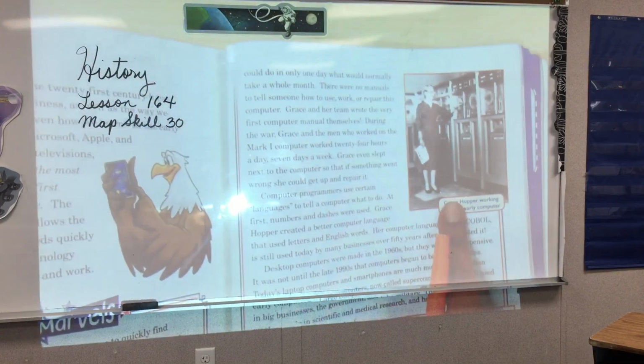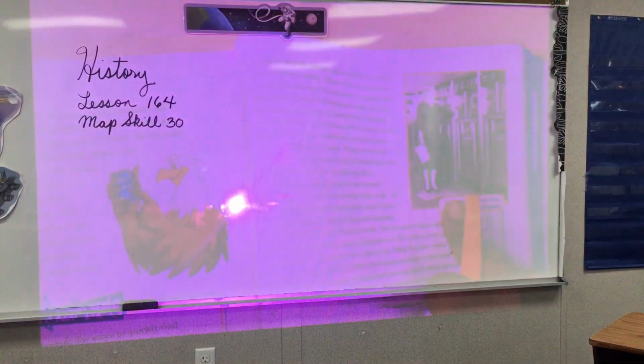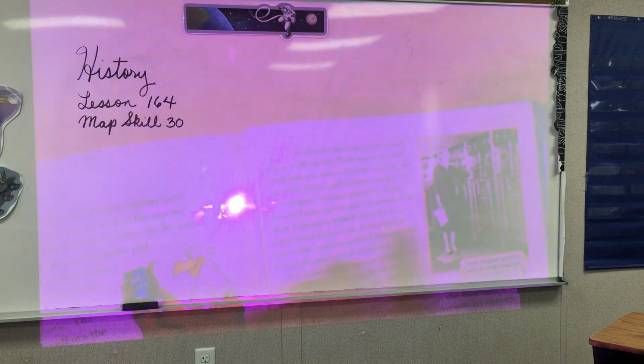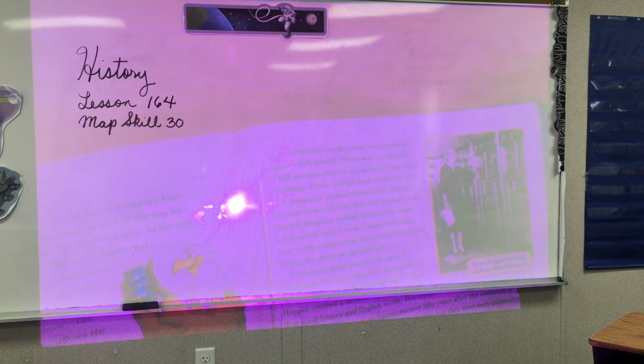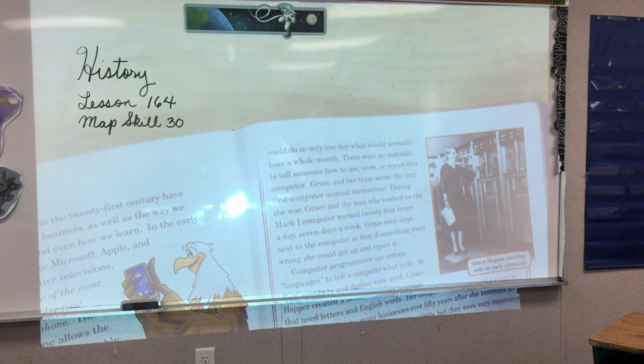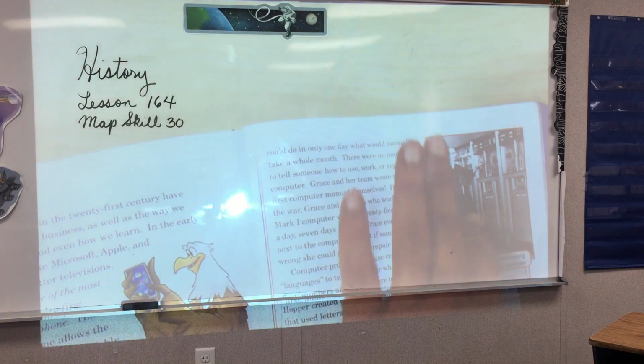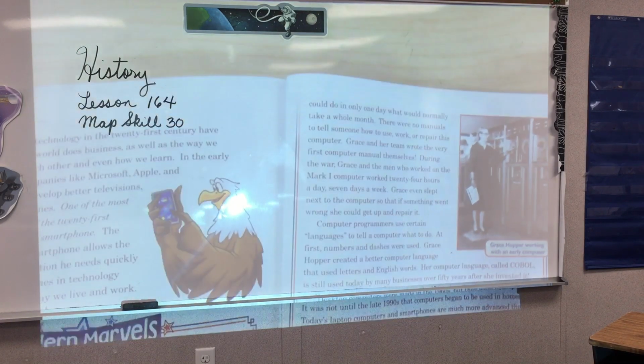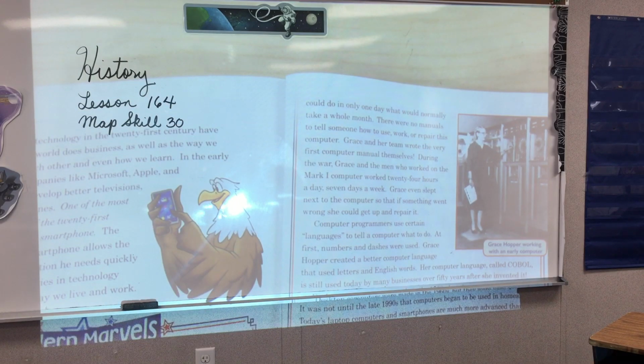Here's a picture, and they took over a whole room. One computer filled an entire room. She was the lady who taught herself how to program the computers, she and her team. Her name was Grace Hopper, and she programmed the Mark I. She even created a new computer language called COBOL.